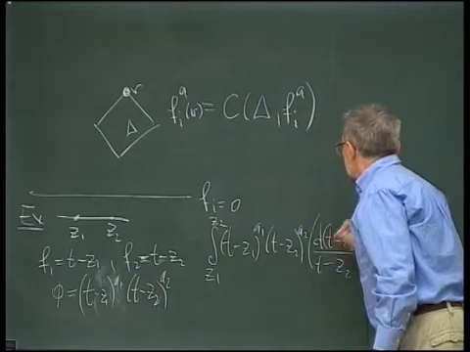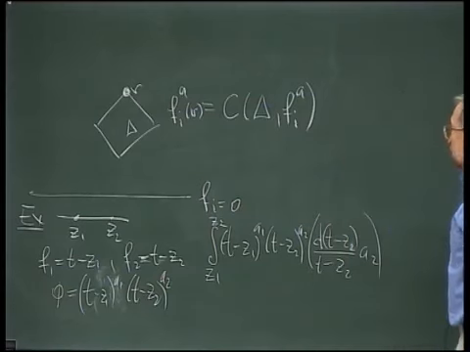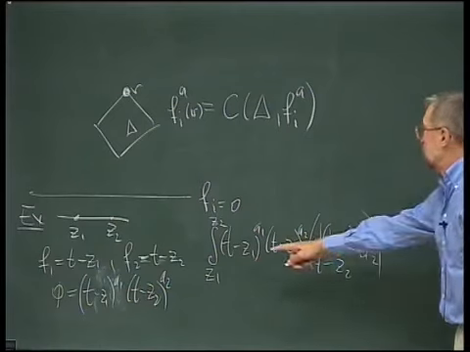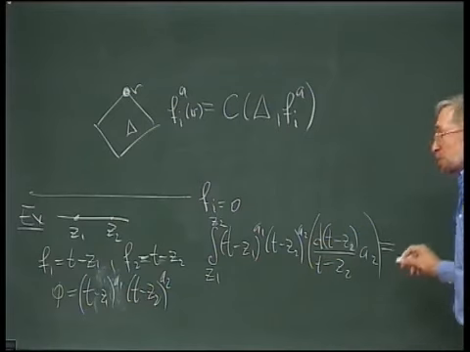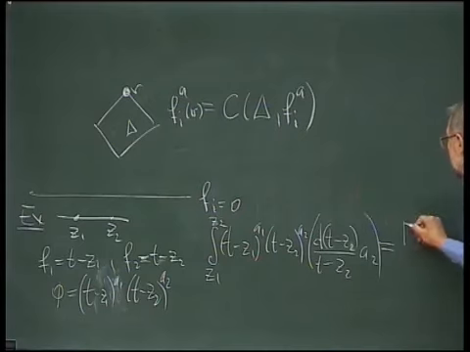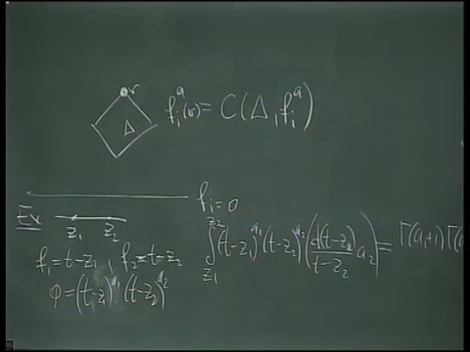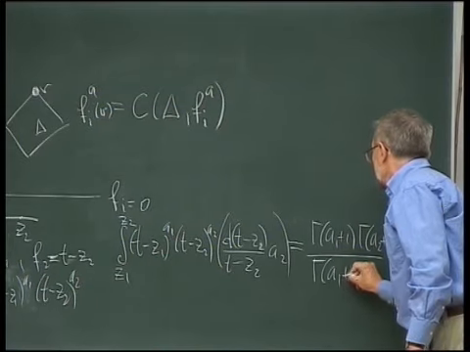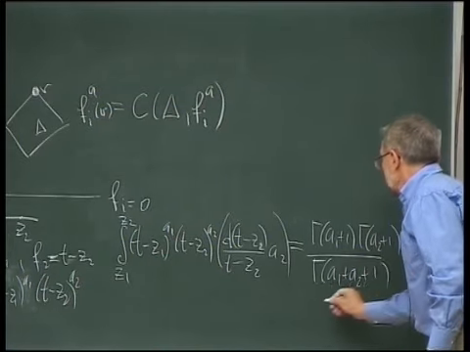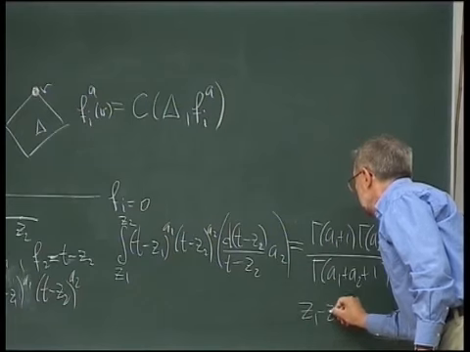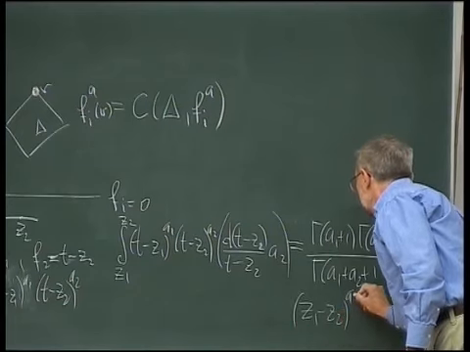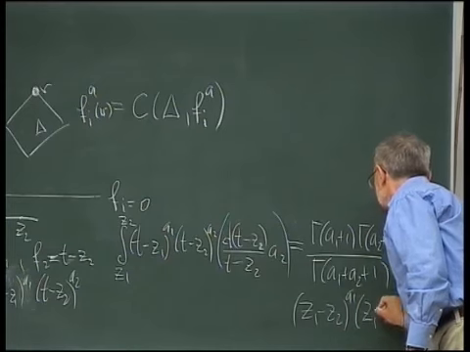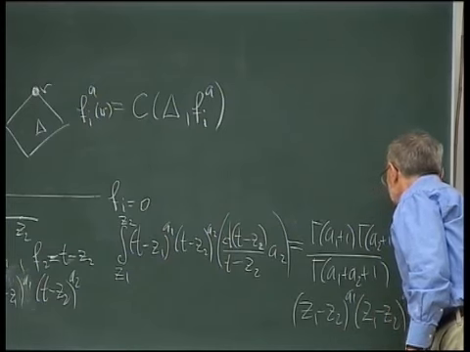You know, I did not tell you how to choose properly the differential form, but in this case, this will be the differential form. And my formula says that this will be gamma of a1 plus 1 multiplied by gamma of a2 plus 1 divided by gamma of a1 plus a2 plus 1, multiplied by z1 minus z2 to the power a1 plus a2.